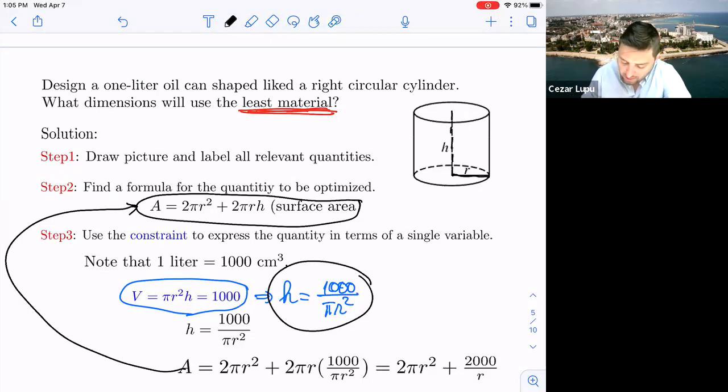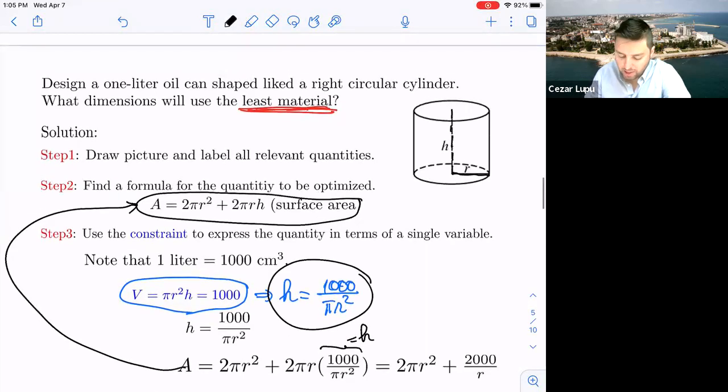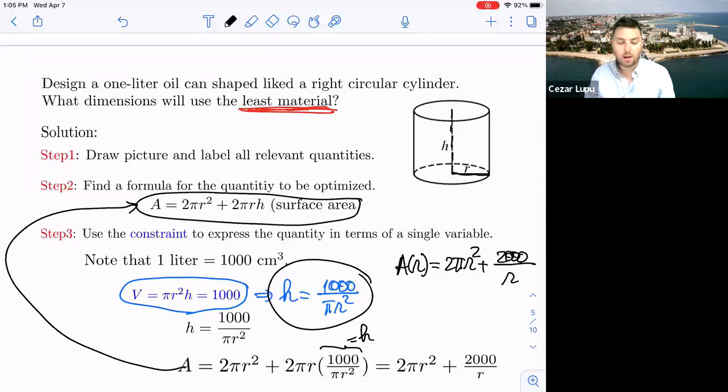But as you can see, this guy here is h. And once we do the algebra, we end up with this function here. So A of r, let me rewrite it: A of r is 2 pi r squared plus 2000 over r. That's the function of the variable r.